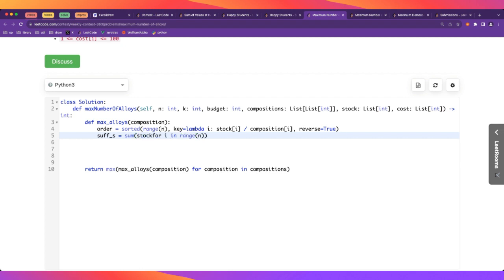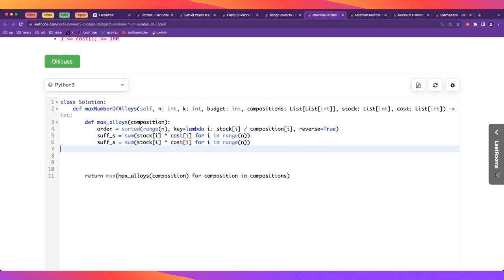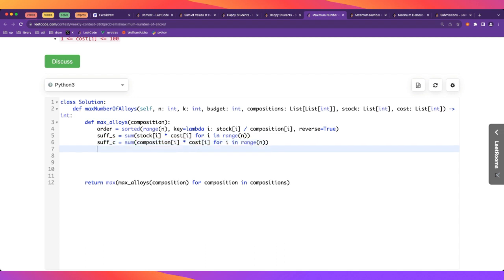So this was the stock of I times the cost of I, and then the same thing for the composition of I. Right.